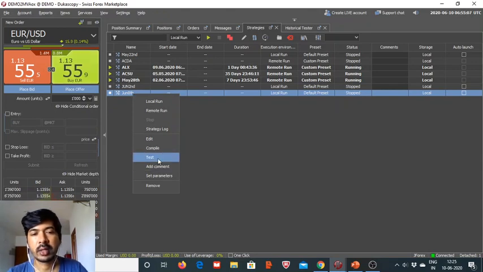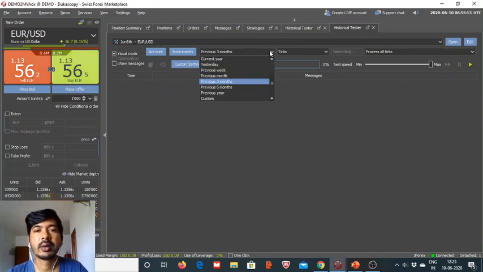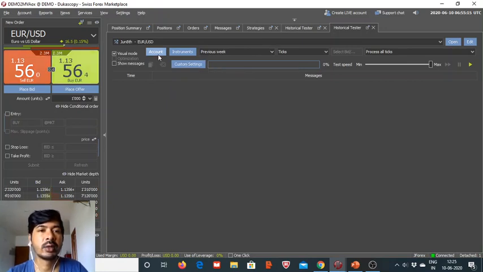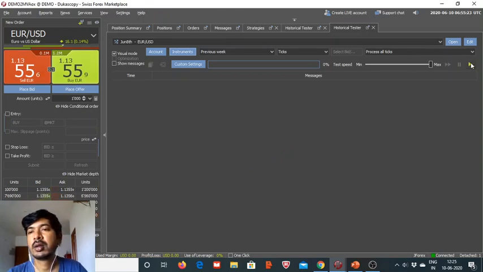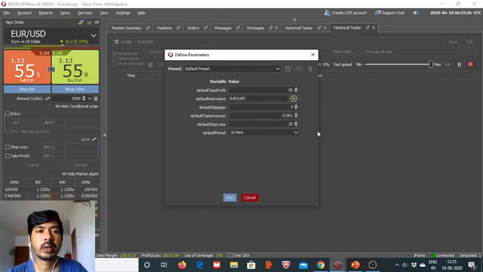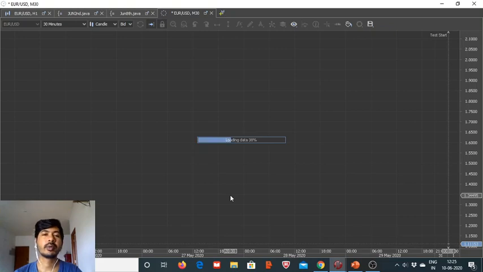We tested on last week to see how it might have performed if it was running. Previous week, account 1 lakh is good enough, 0.1 million. The instrument is also fine. We don't do many changes in this parameter. The slippage is 2 pips and ready to roll. Let's see what kind of results we get to observe.